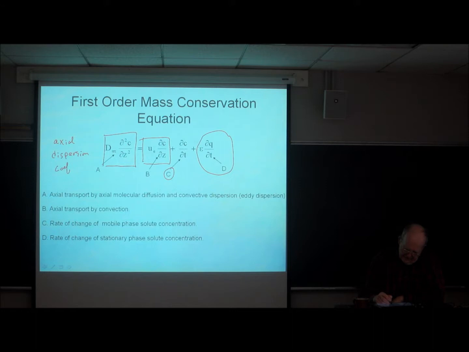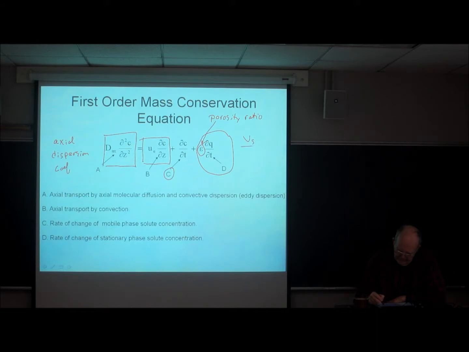Now the epsilon here is not epsilon e, it's not epsilon i, it's not epsilon total. It's something that is called the porosity ratio. And if you do the mass balance properly, you'll find that what it actually is, is the ratio of the volume of stationary phase per unit length of column divided by the volume of mobile phase per unit length of column.